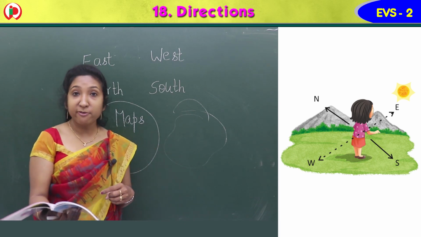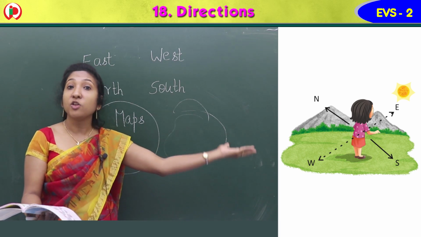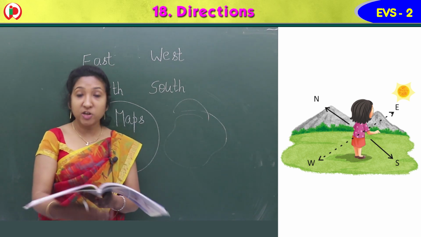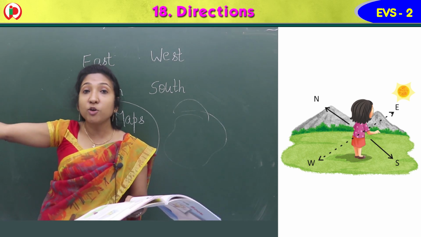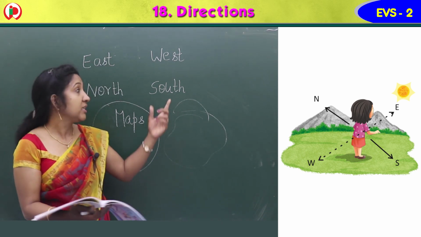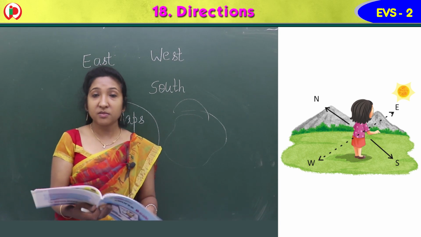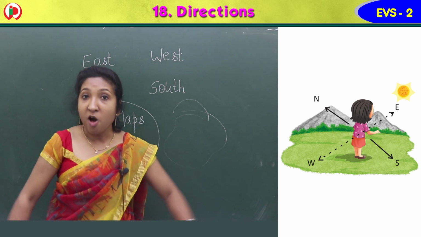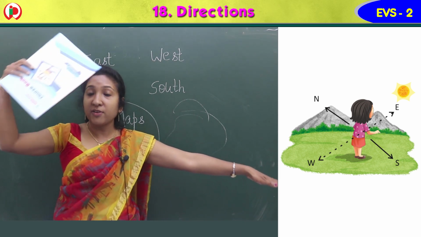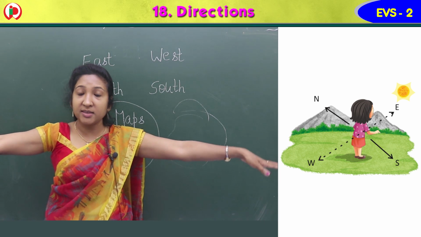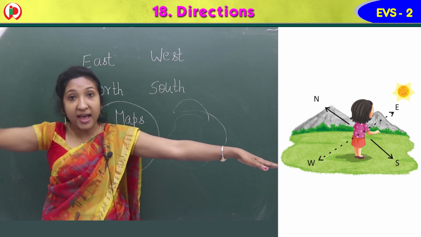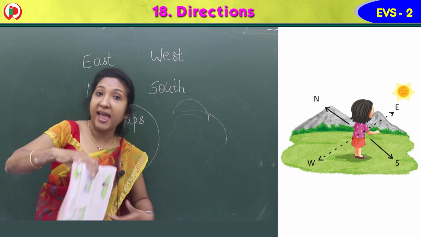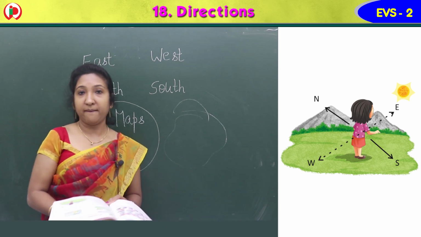Then on your left side is the north direction, N-O-R-T-H, north, and on your right is the south direction, S-O-U-T-H, south. So stand in front of the rising sun in the morning, open your arms. In front of you is east, where the sun rises, and behind you is west, then the left side is north and the right side is south.